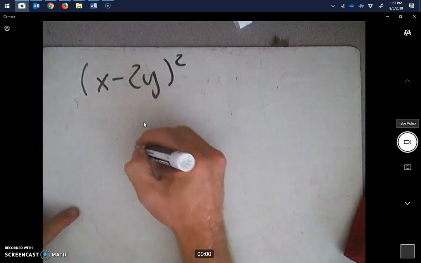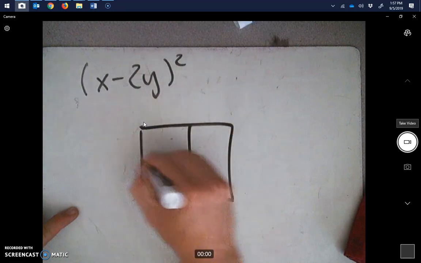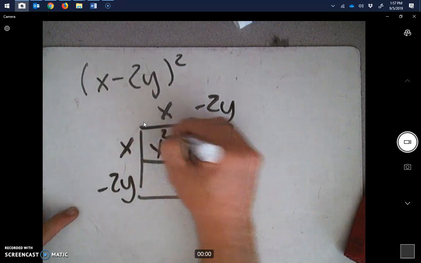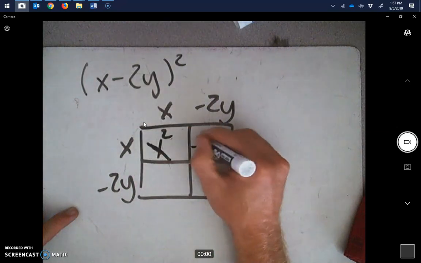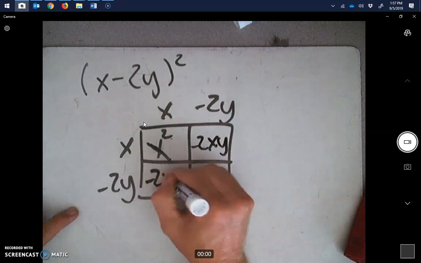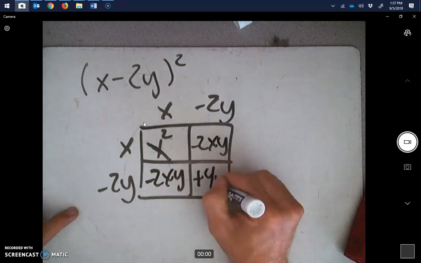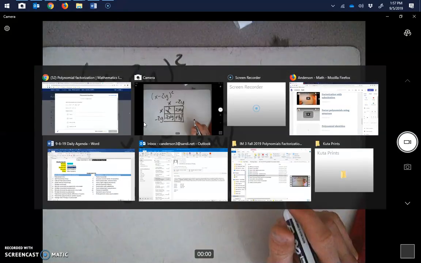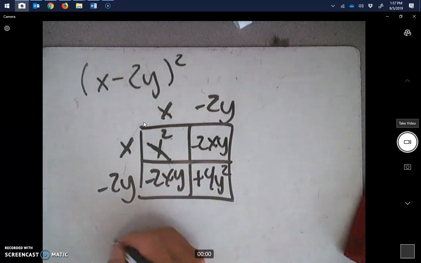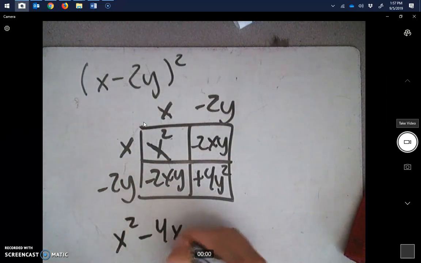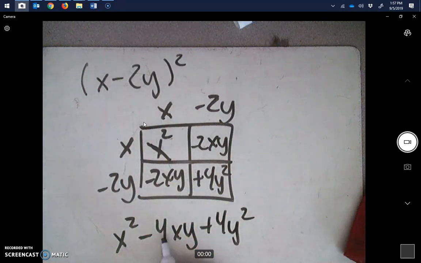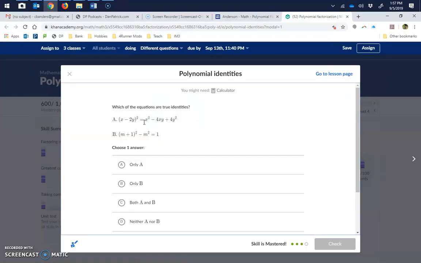Okay, so this, if we box method, you get x, negative 2y, x, negative 2y, x squared, negative 2xy, negative 2xy, and positive 4y squared. Oh, actually, it might be. I made a mental mistake. So I think actually might be okay. x squared minus 4xy plus 4y squared. I thought it was going to be 8. That's why I thought it was wrong, but I am wrong.